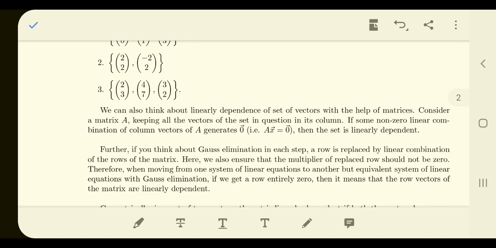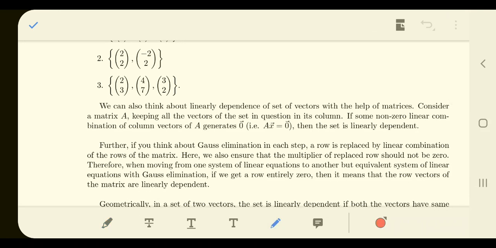So we get one more way to find out whether a particular set of vectors is linearly dependent or not, by solving Ax is equal to 0, and we use Gauss elimination to solve Ax is equal to 0, right? This is another way to find out whether the vectors are linearly dependent or not.